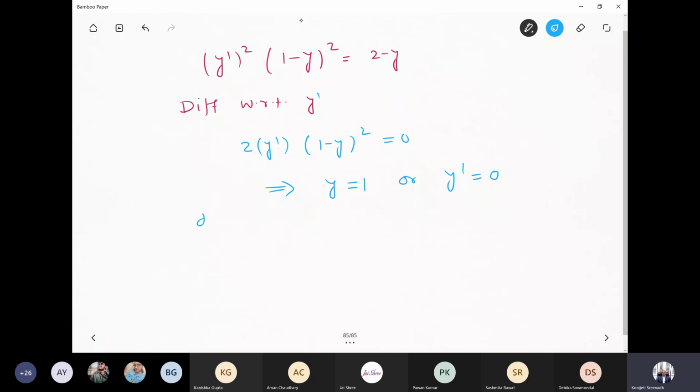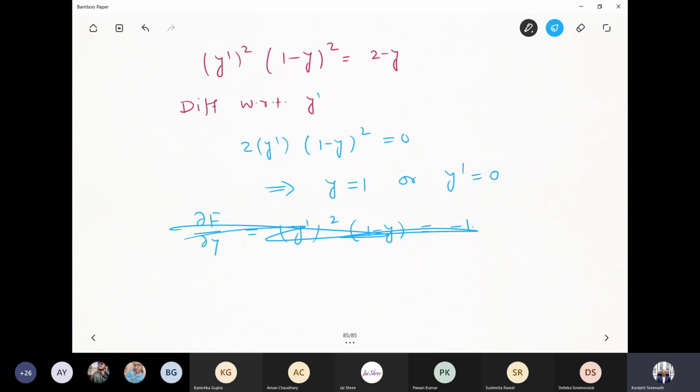Now you write dou f by dou y. If I write dou f by dou y, I have y prime square into (1 minus y) equal to minus 1. You can write the general solution.